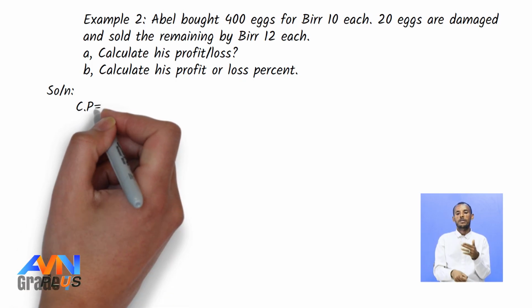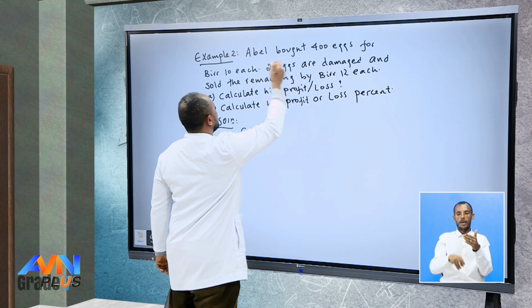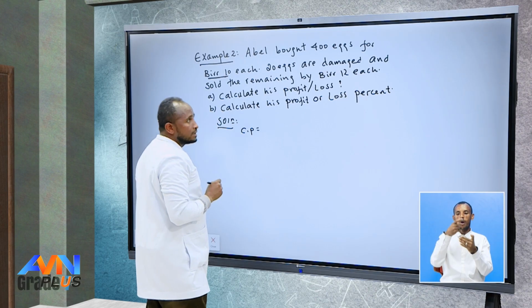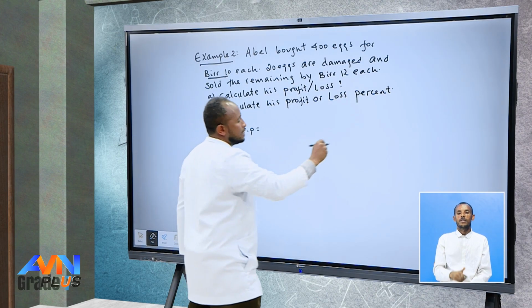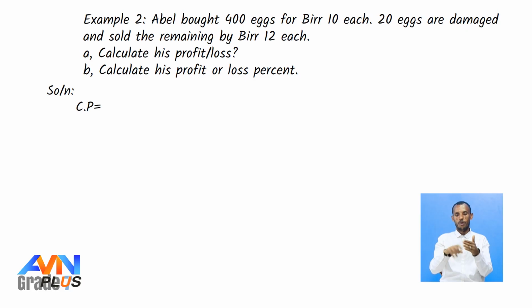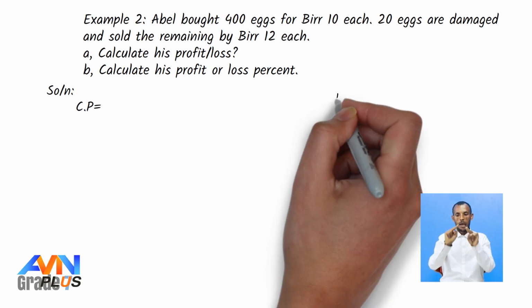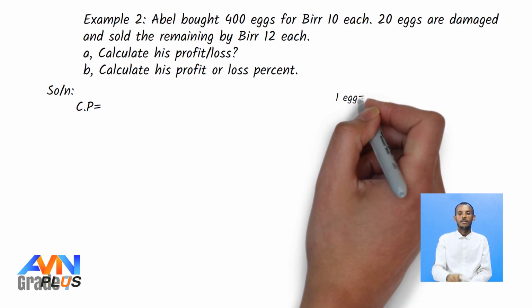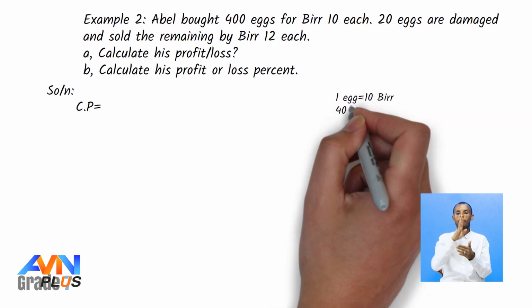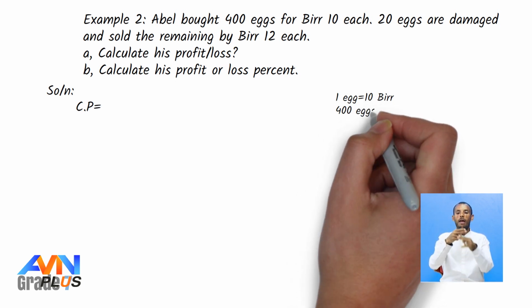Since the cost of one egg is 10 birr, what will be the cost of 400 eggs?